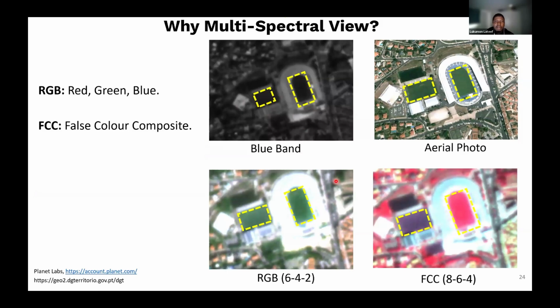So we check several individual components or parts of the spectrum. Then later we check the red, green, blue combined together, the RGB natural color visualization. But you might ask, why do we need to use more than one spectral band to interpret an image?